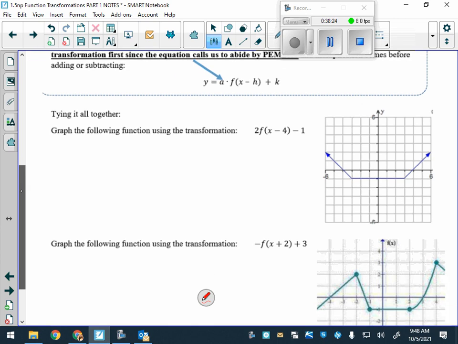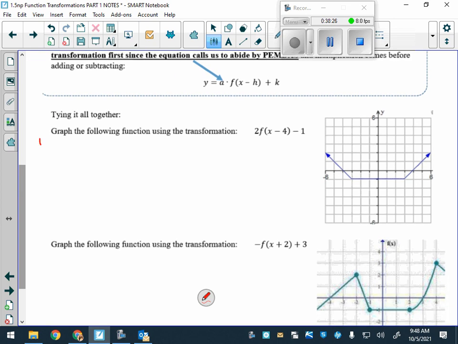Looking at this first graph here, we're going to go in order of transformation, as you read it left to right. What's the first one? Vertical stretch.